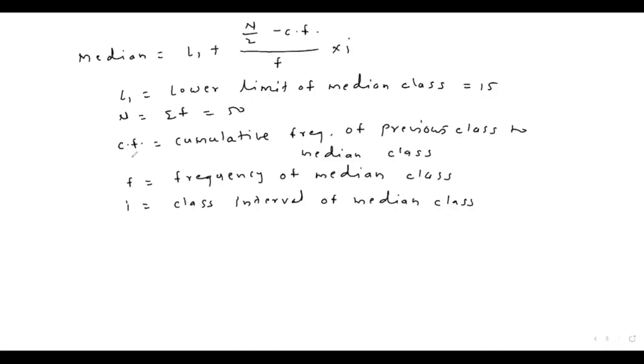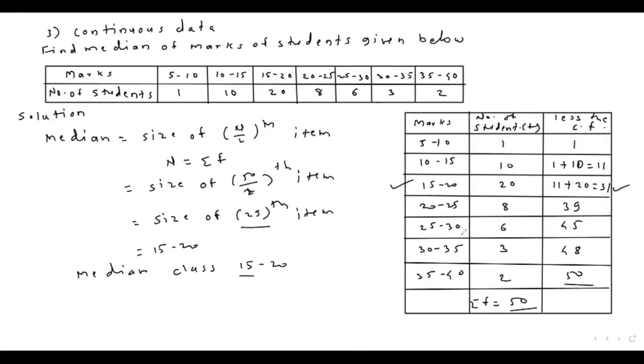CF is the cumulative frequency of the class previous to the median class, so it is 11.